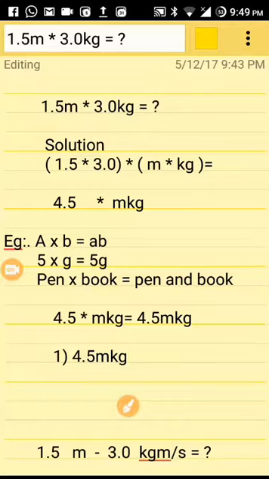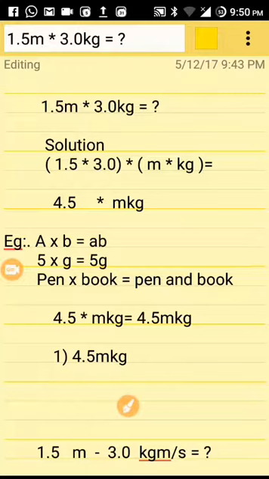The first one, as you can see here, we have figures with units, multiplied by another figure with units. So with this kind of question, which involves multiplication, we are supposed to sort the figures out and multiply them. Then we do the same to the units or the symbols.